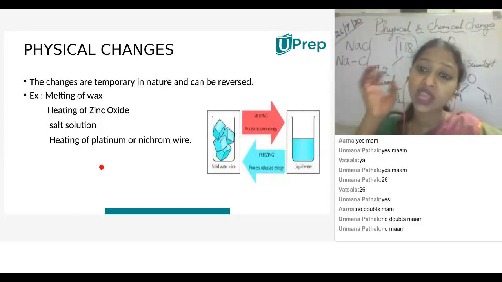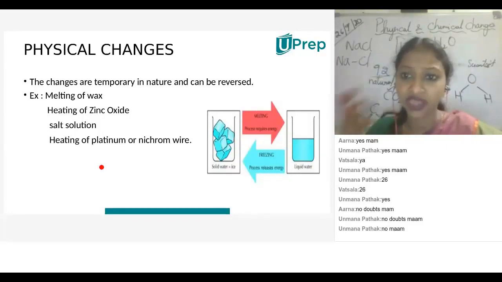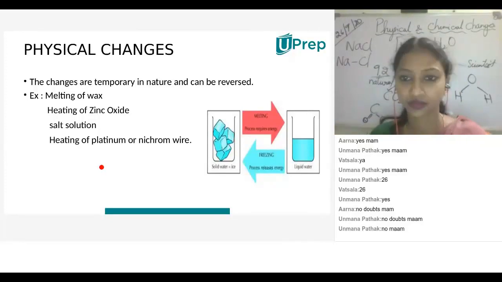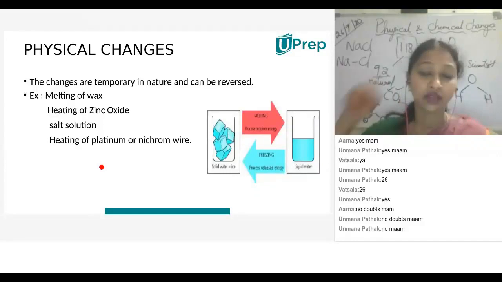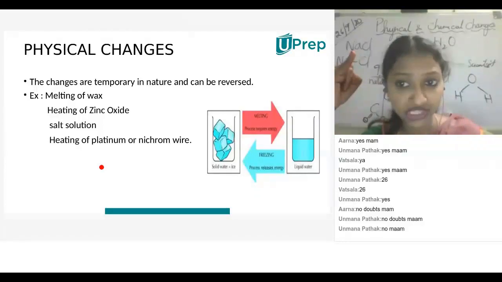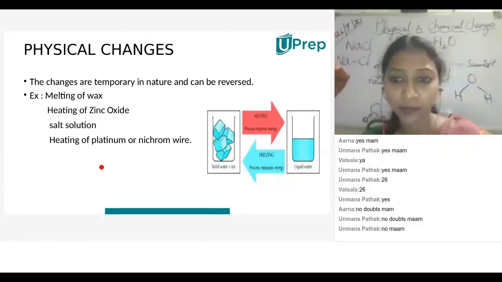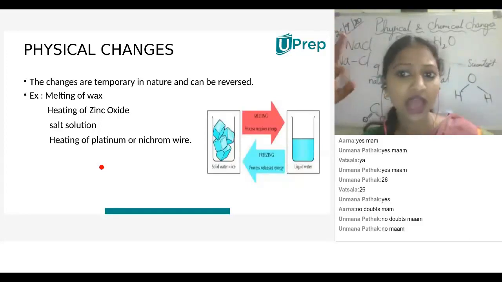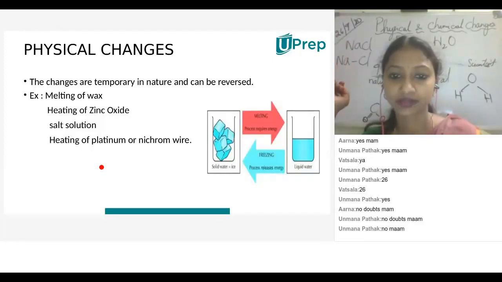Again, by decreasing the temperature, it converts to the solid state, vice versa. There is no change in the composition, no new product is formed, no change in the mass and no change in the energy. Then we consider it a physical change.